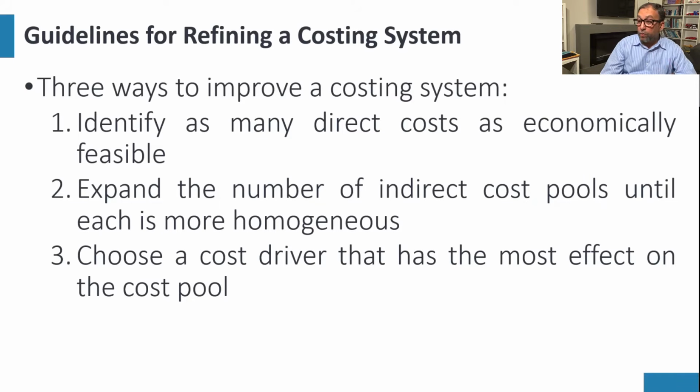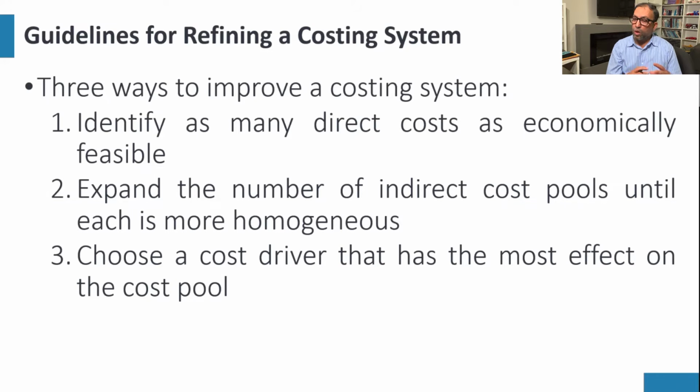So there are three ways that we can improve this doubt of under and over costing through the standard or traditional method of distribution of indirect cost towards the product. The first one is to identify as many direct costs as economically feasible. Try to figure out from the indirect cost how much we can charge directly. We can identify how much we are using.